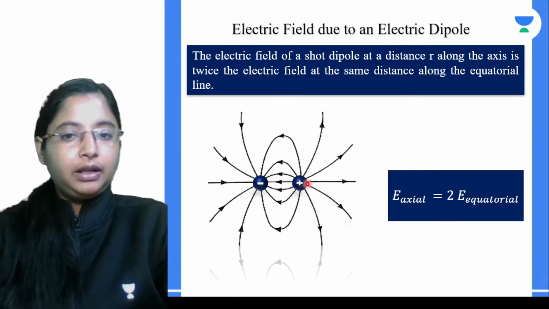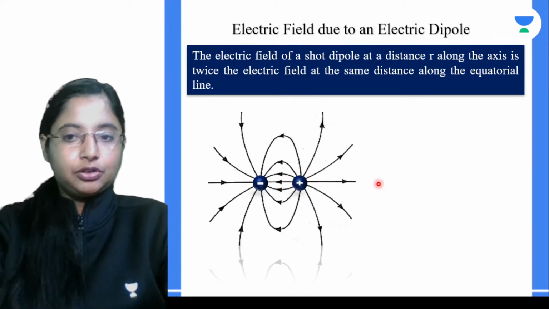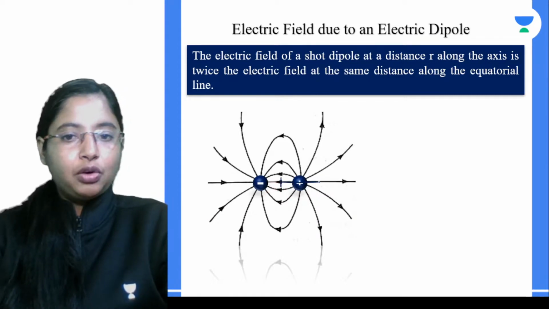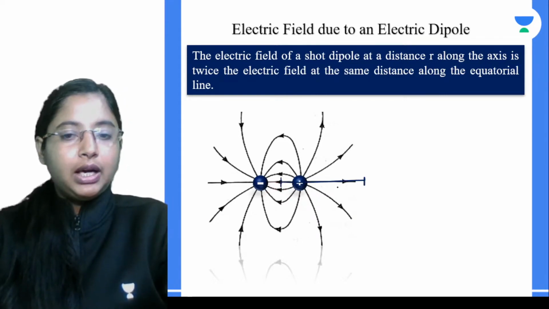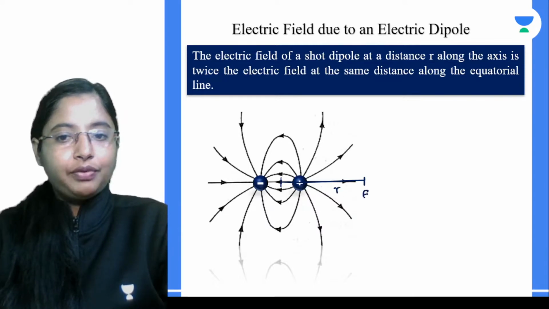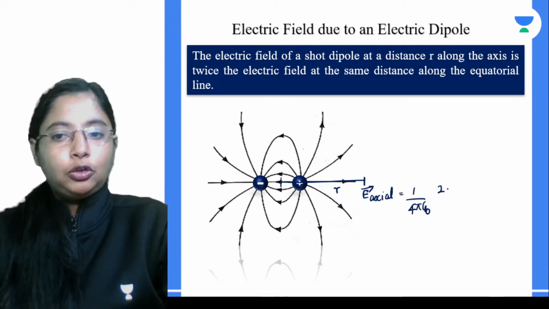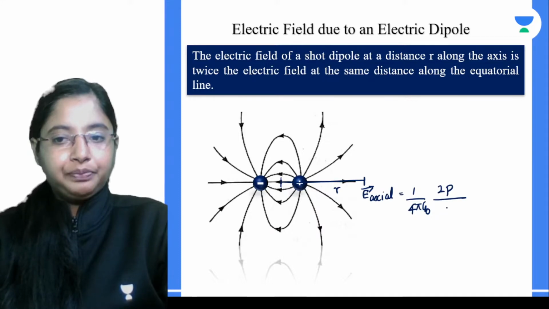From the center, if you keep going further away, the field tends to reduce. Along the axial, if you go a certain distance r, we find the electric field to be 1 by 4 pi epsilon naught, 2p divided by r cube into p cap.